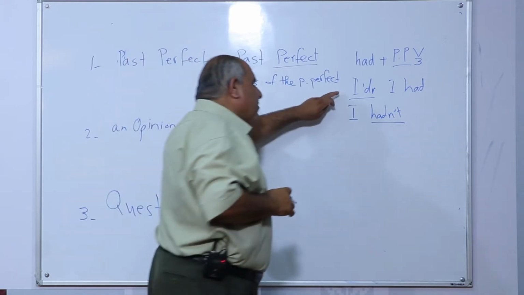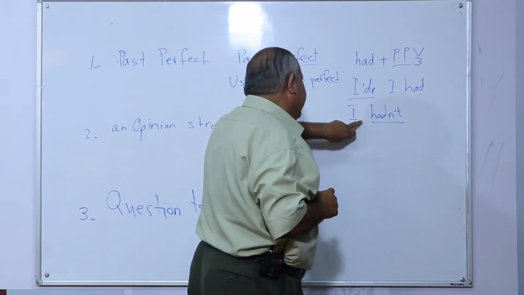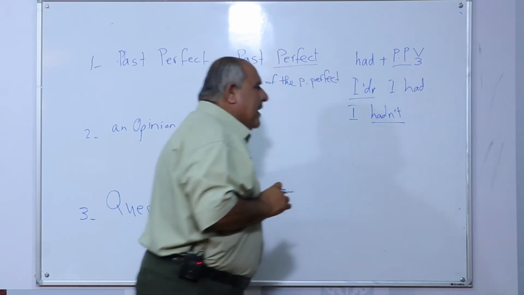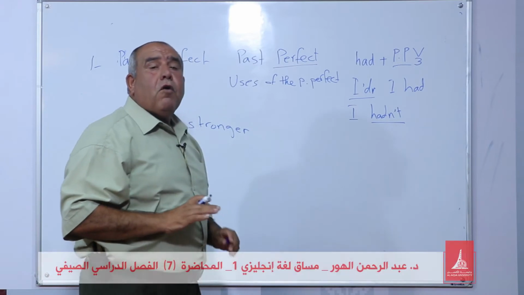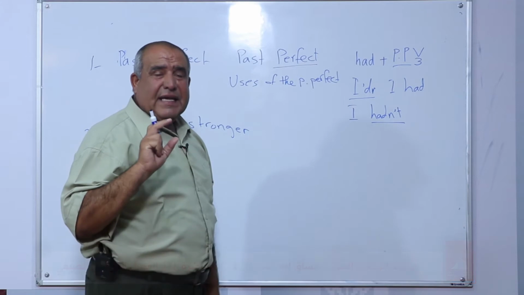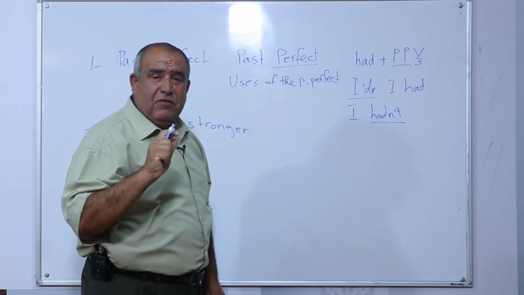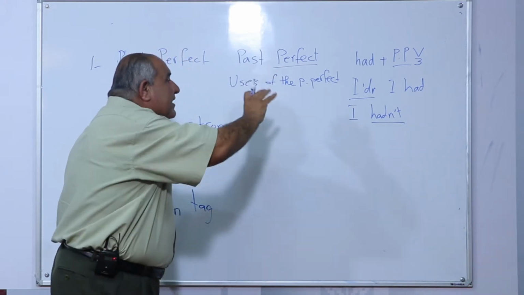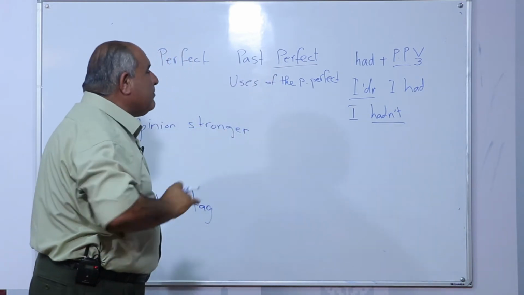So this is in the affirmative, and this is in the negative. Now this is about the form. It can be used again, had plus past participle, for all the persons: first person I, we, second person you, third person they, she, he, and it. All of them take the same form, had plus past participle.